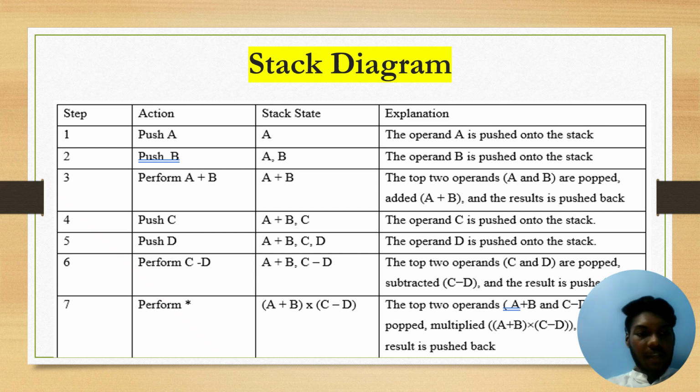The final result stored in the stack represents A plus B times C minus D. In conclusion, this method demonstrates how stacks efficiently handle arithmetic expressions following postfix notation. By systematically pushing operands and performing operations in the correct sequence, we can evaluate expressions accurately and efficiently.